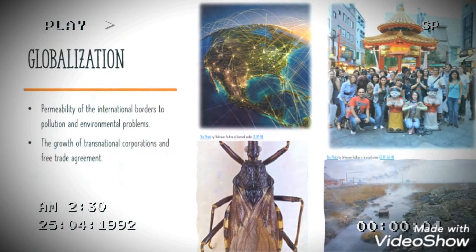The second aspect is the growth of transnational cooperation and free trade agreements. It's like getting agreements to get resources for free, so now you don't have to worry about having laws restraining you from getting resources.